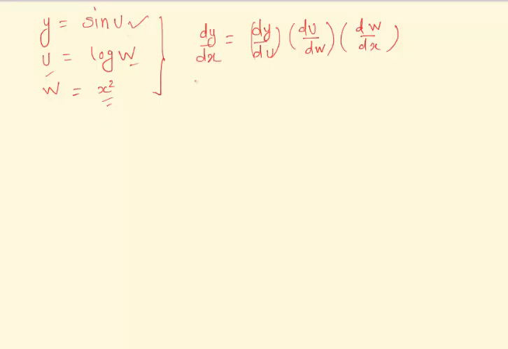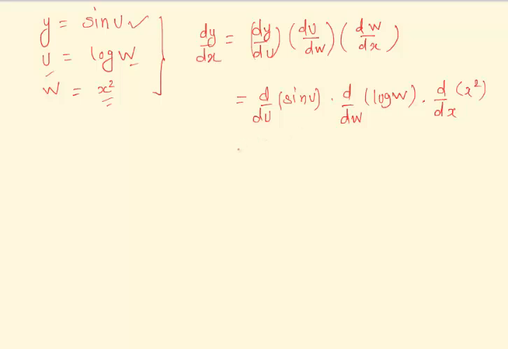So for this problem, you can see we can write d by du of sin u into d by dw of u in terms of w, which is d by dw of log w into dw by dx, so d by dx of w, which is x square.